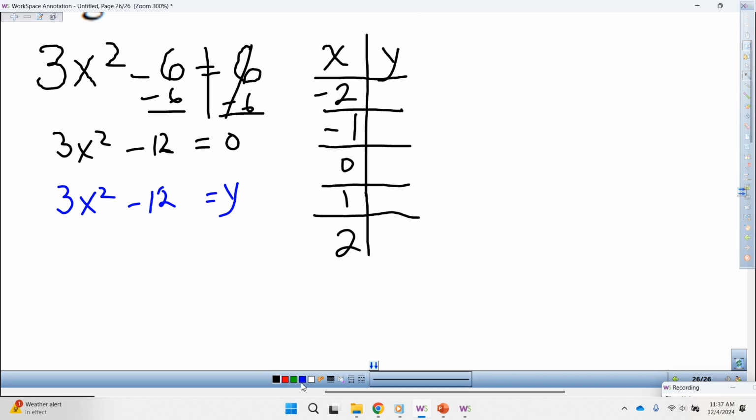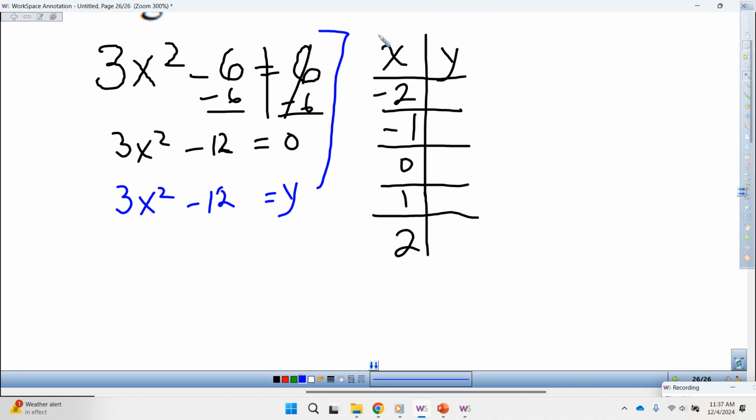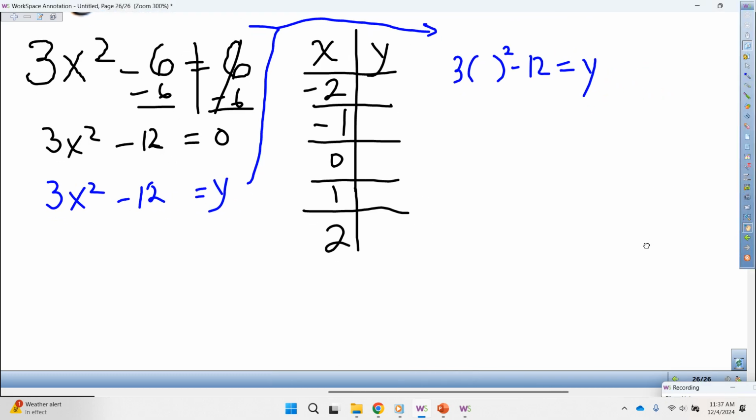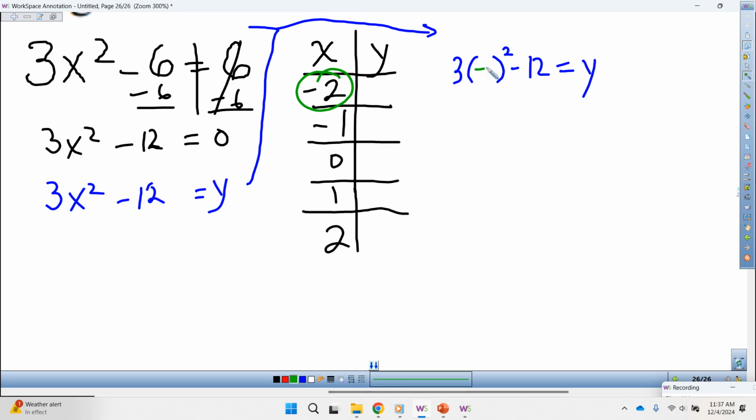All right, so I'm going to write my equation. I'm going to bring it over here just so that I can do some work. 3 parentheses squared minus 12 equals y. So my first x value would be negative 2.